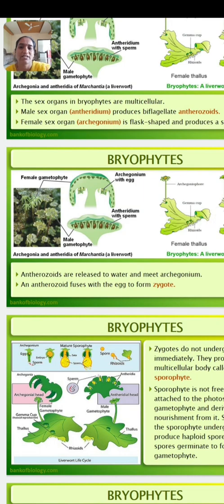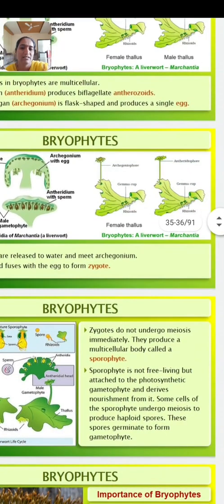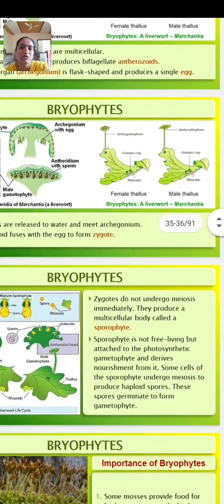When antherozoids are released, they swim through water and meet the archegonium, and the antherozoid fuses with the egg to form the diploid zygote. Then the zygote does not undergo meiosis immediately. It produces a multicellular body known as the sporophyte.